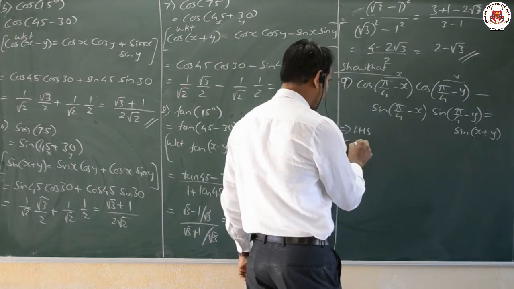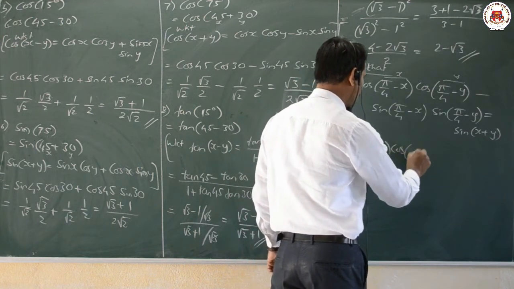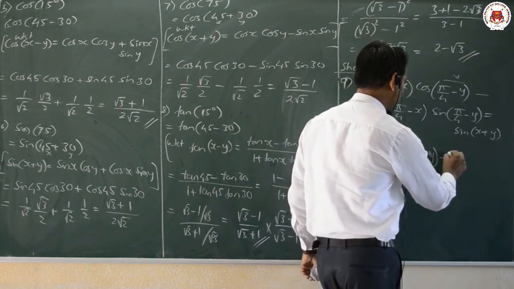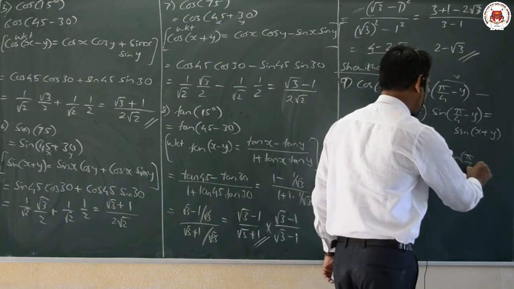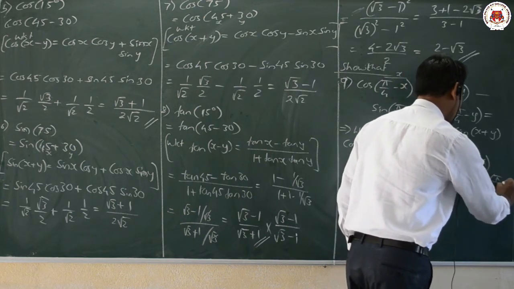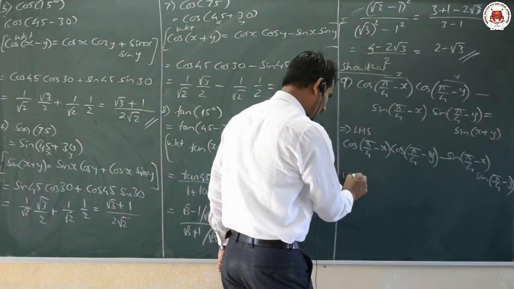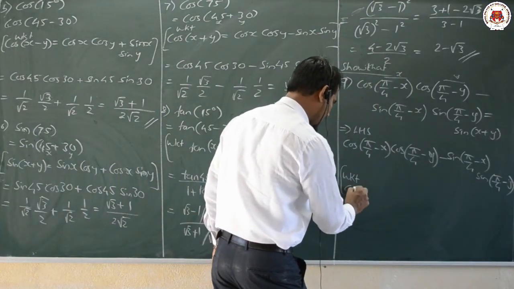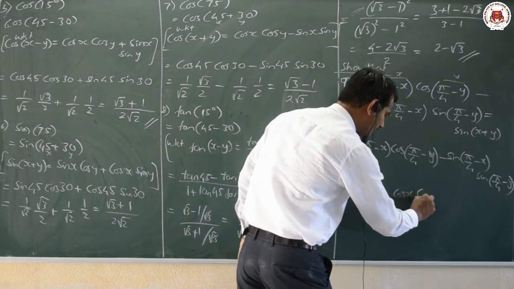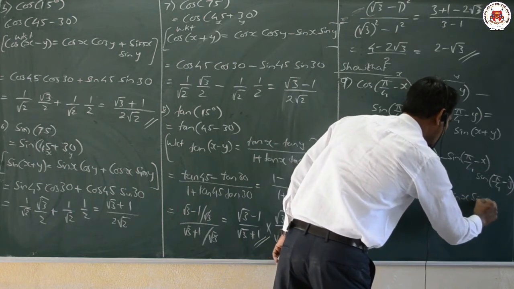We have cos of pi by 4 minus x into cos of pi by 4 minus y, then minus sine of pi by 4 minus x into sine of pi by 4 minus y. Now we know the formula. That is cos of x plus y, which means cos x cos y minus sin x sin y.